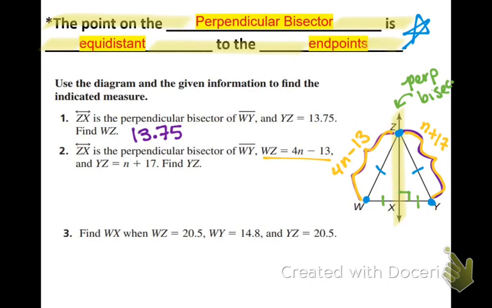Find the length of YZ. Well, I know that the length of WZ will be equal to the length of YZ. So I'm going to plug in their lengths. We said WZ was 4n minus 13. So 4n minus 13.